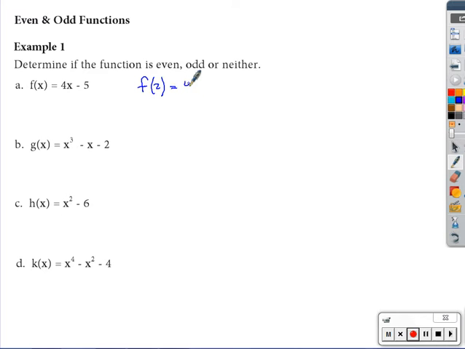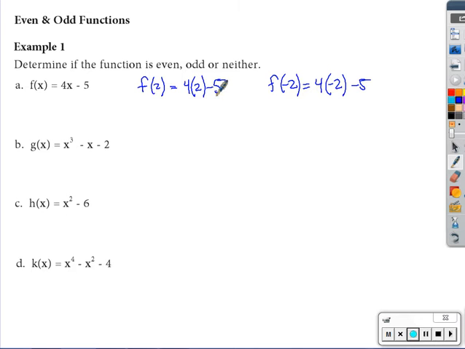So I'm going to plug 2 into my equation, and then I'm going to plug negative 2 into the same equation. If I get the same answer, they're even. If I get opposite answers, they're odd. And if the two numbers just aren't related at all, then that would be an example of neither.